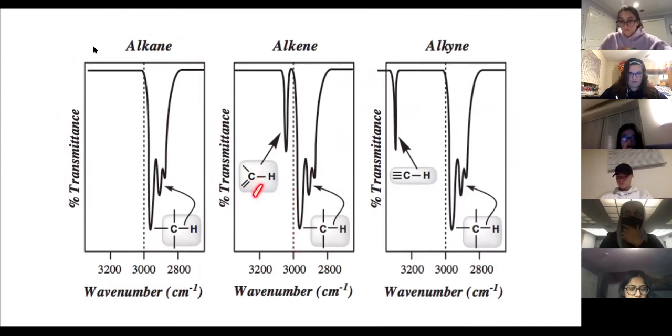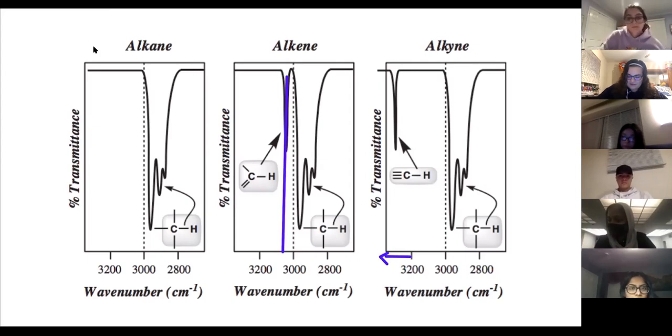So that means carbon's double bonded to something. And that's when this line is between 3000 and 3200. If it's much further left after 3200, that tells you you're looking at some sort of triple bond.